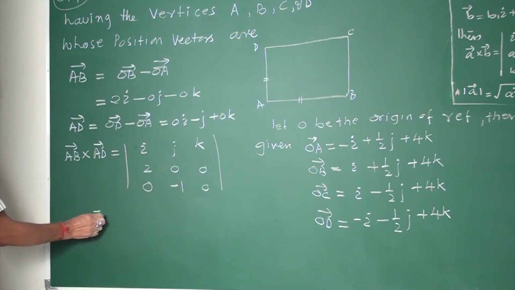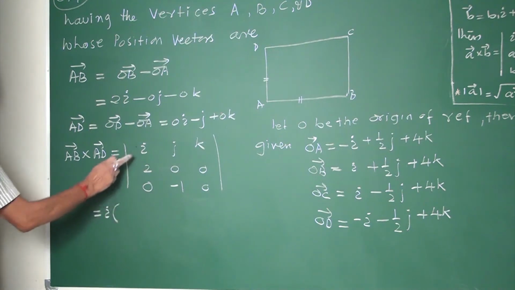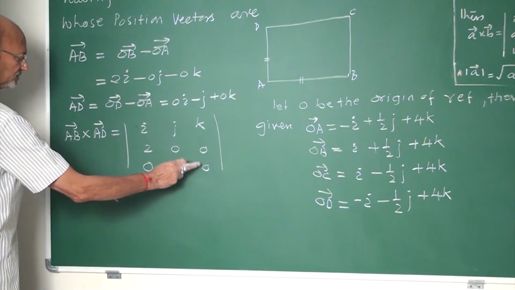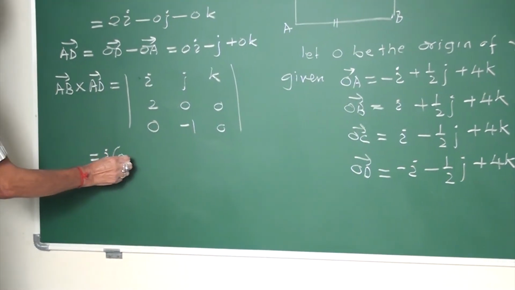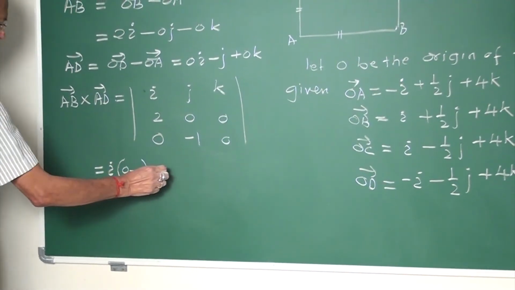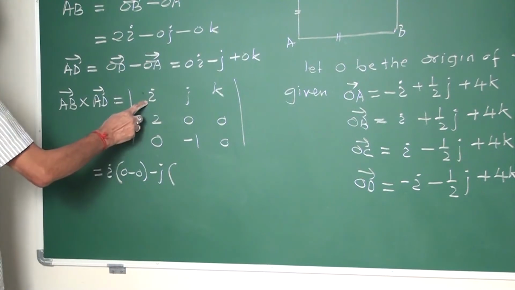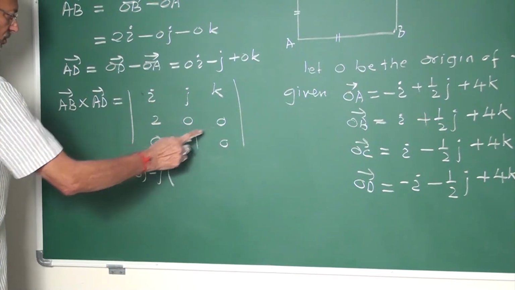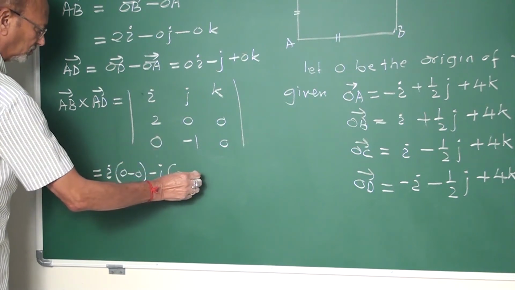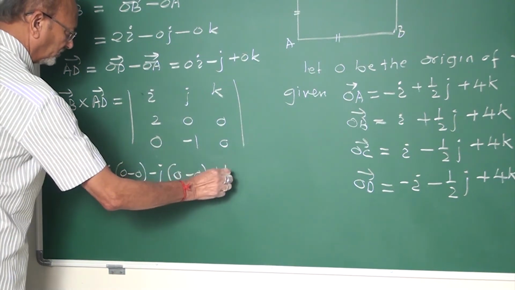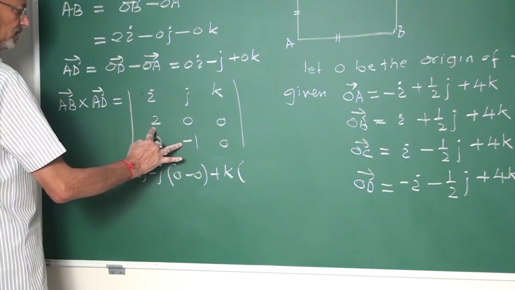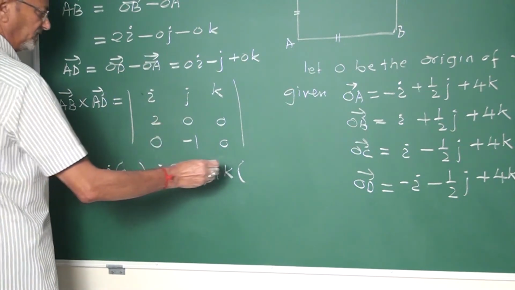Yes, friends, this is i into first row, first column, 0 minus 0, minus j into first row, second column, 0 minus 0, plus k into first row, last column, minus 2 minus 0.